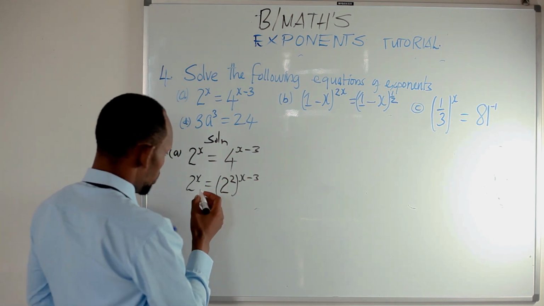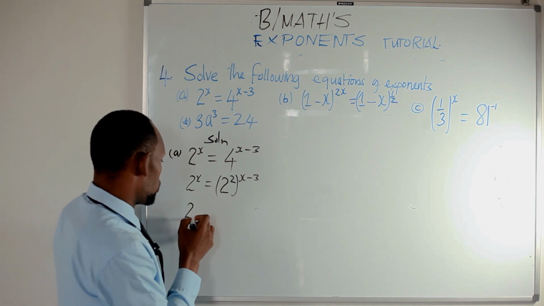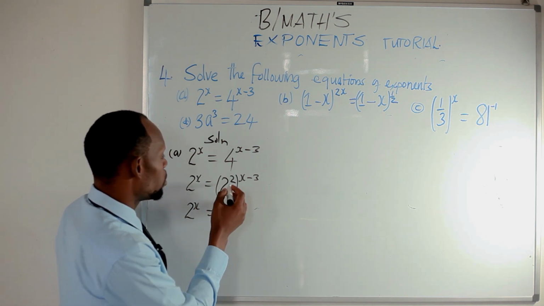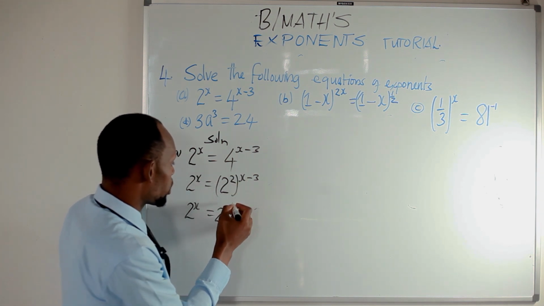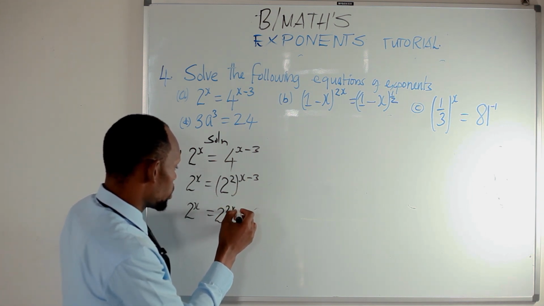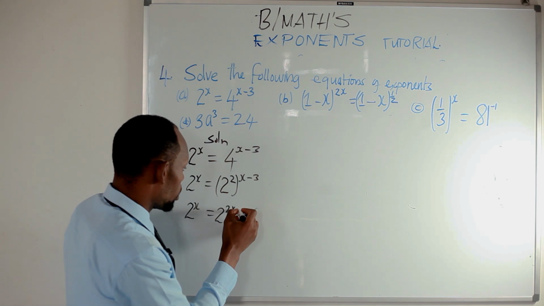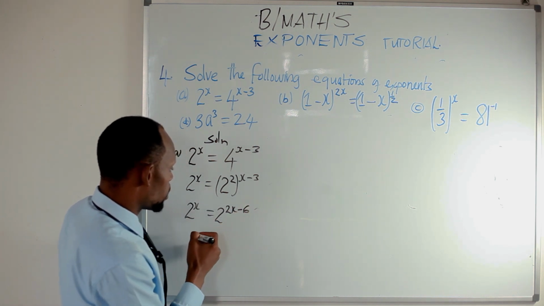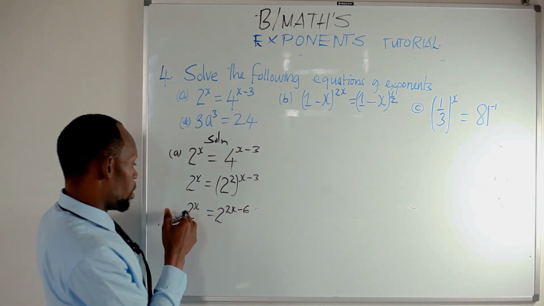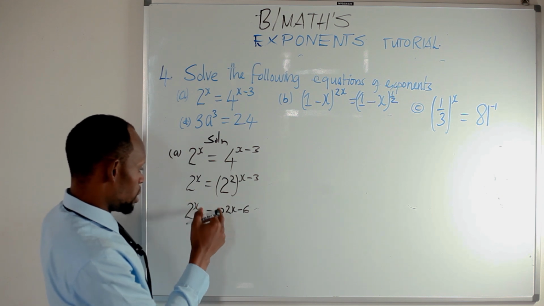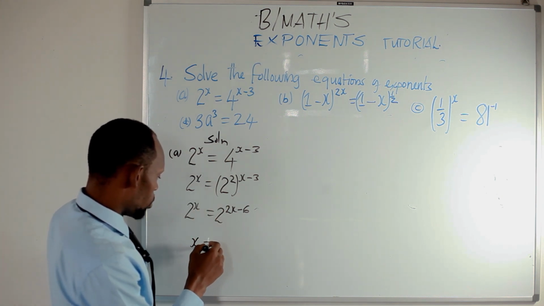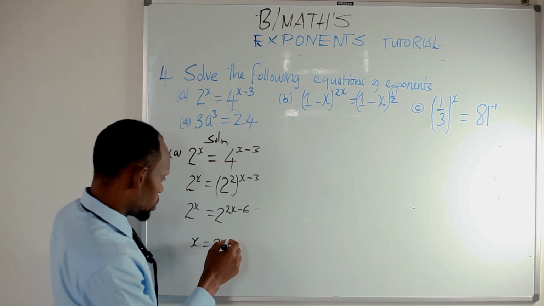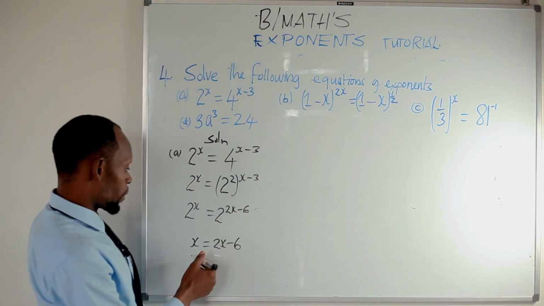Again here, you will find that 2 power x equals, opening the bracket, 2 times x is 2x, and 2 times negative 3 is minus 6. Simplifying, the same bases cancel out, therefore x equals 2x - 6.